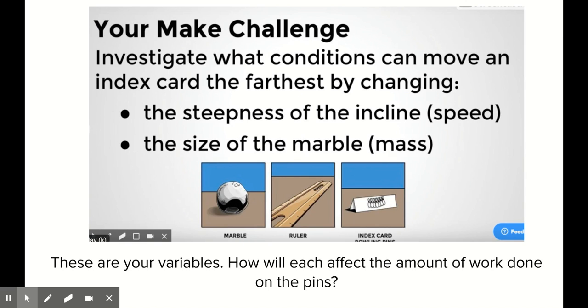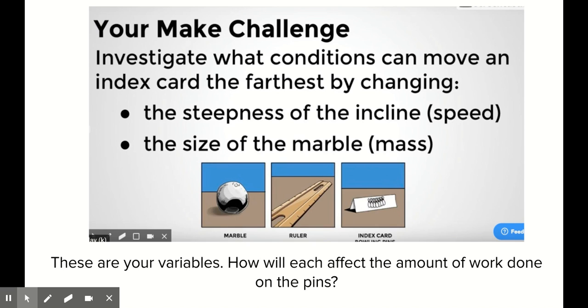All right, so we're going to use a few simple things in the lab, which is a separate video with instructions. You're going to have several different materials that are going to model on a much smaller scale this bowling league. We are going to use a marble to represent the bowling ball, and we'll have various sized marbles.